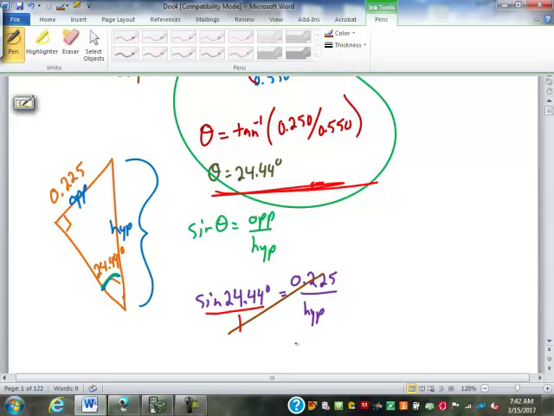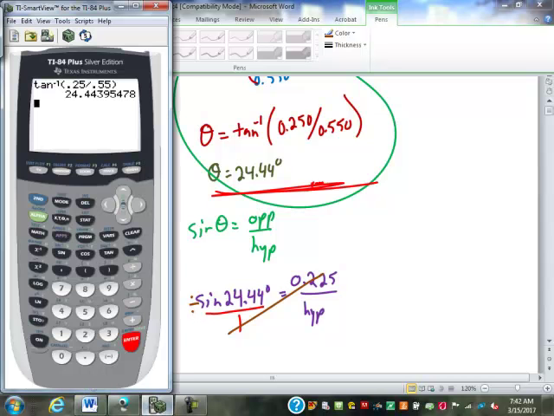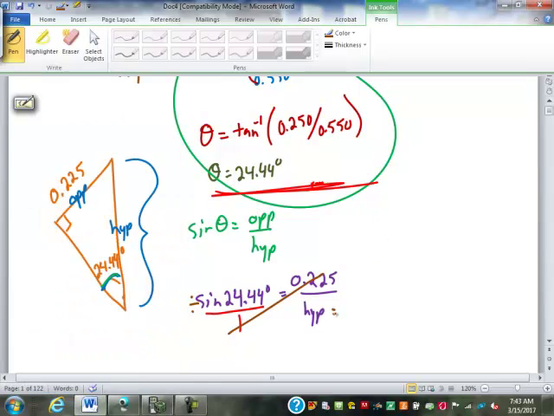So it's 1 times the 0.225 divided by the sine of 24.44, which is going to give me 0.5437. So this is 0.5437 inches.